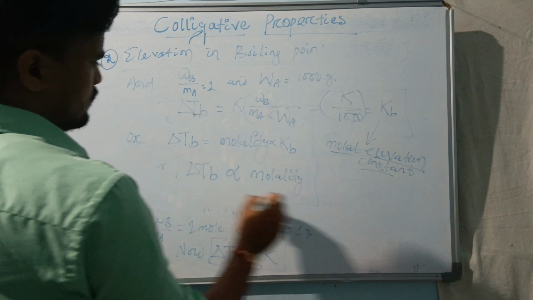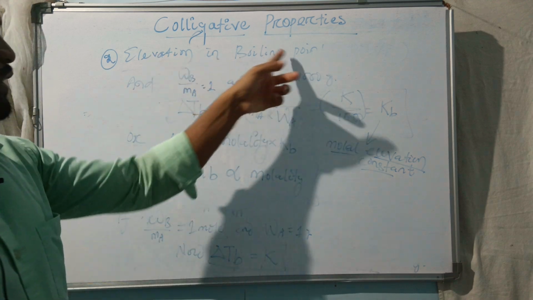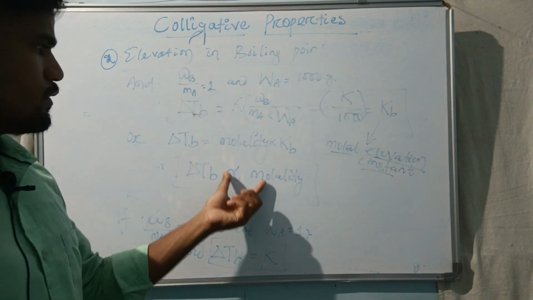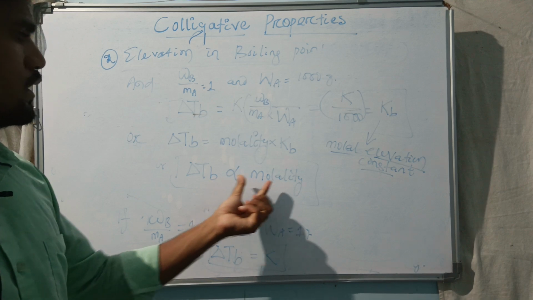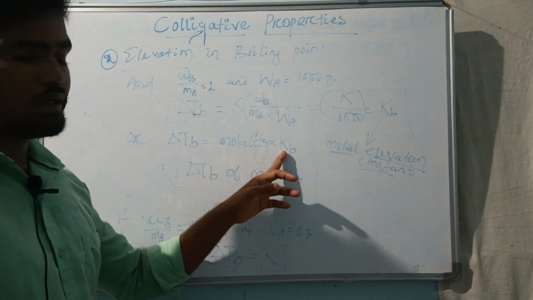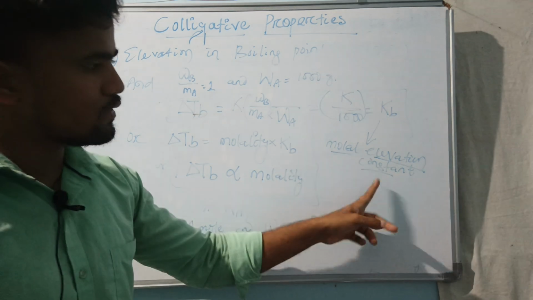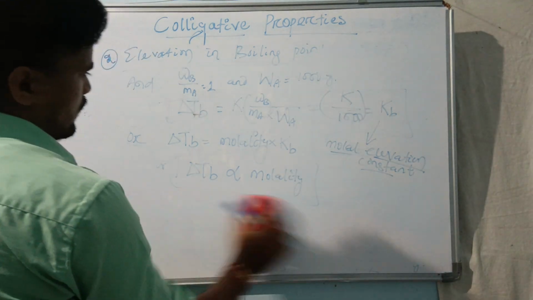So this is the formula. Elevation in boiling point is represented by delta TB, which is molality into KB, or directly proportional to molality. If you remove proportionality, you get into KB. KB is the molar elevation constant, right? So this is all about elevation in boiling point.